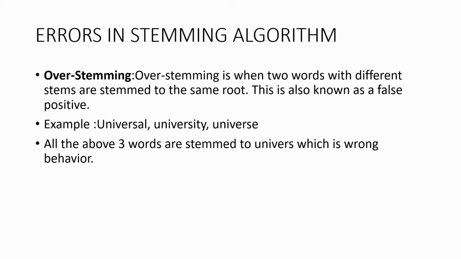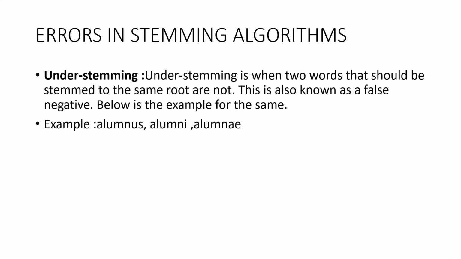Example: universal, university, and universe. All the above three words are stemmed to universe, which is wrong, because university is different, universal is different, and universe is not the exact root for all those three words. That is known as overstemming.